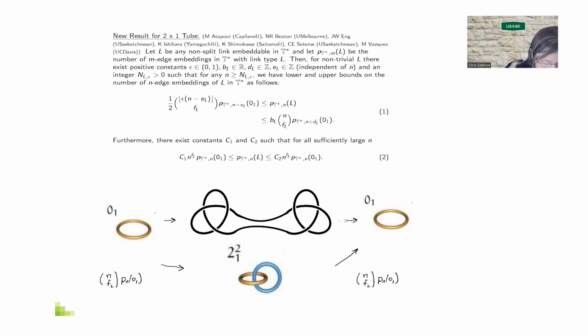For a lower bound, we want to start with an unknot and somehow turn it into the link type that we're interested in, but in such a way that we get this n choose FL factor. And for the upper bound, we want to start with an embedding of fixed link type, and somehow cut out the linked parts and turn it into an unknot, without cutting out too much, so that in the worst case scenario we have an n choose FL type factor.